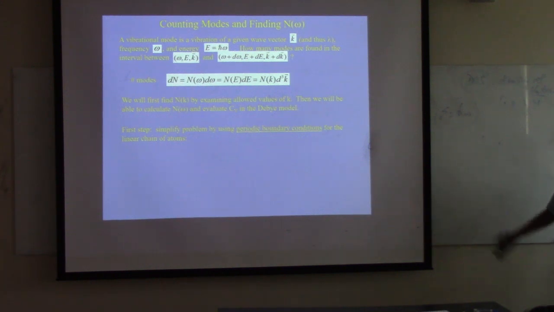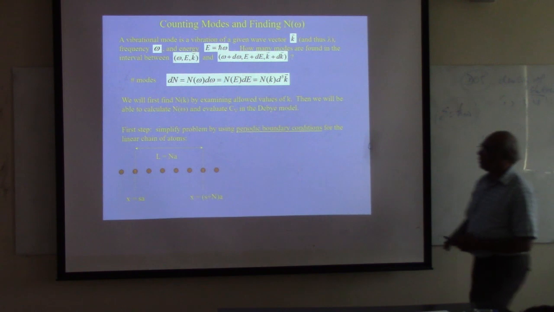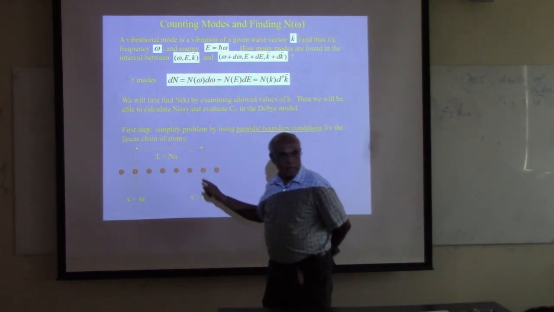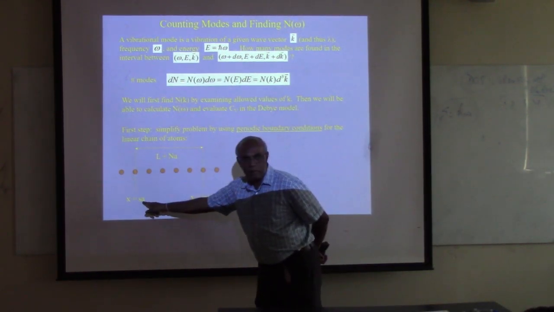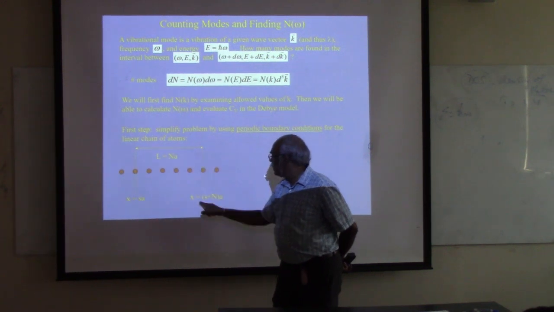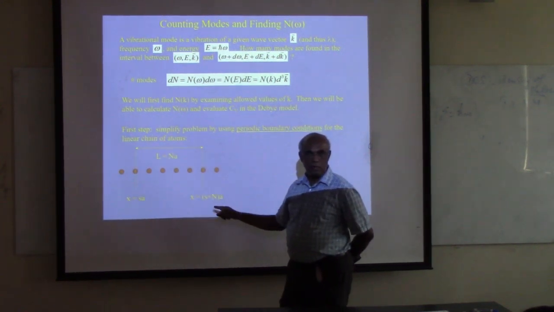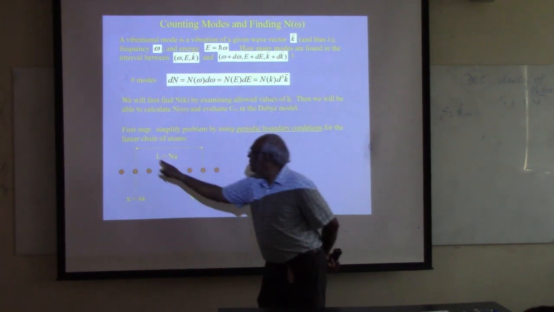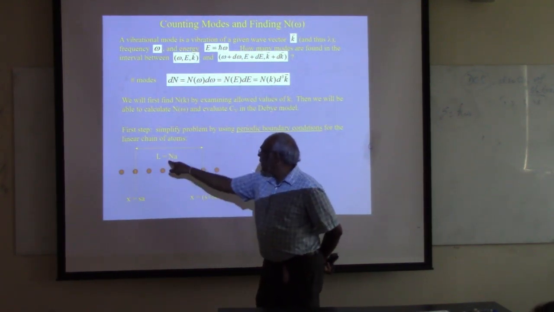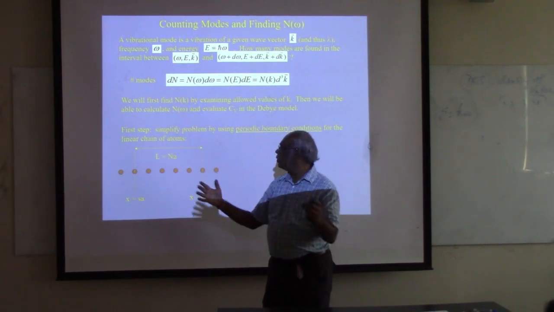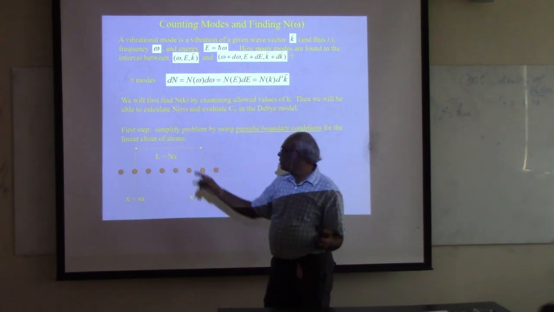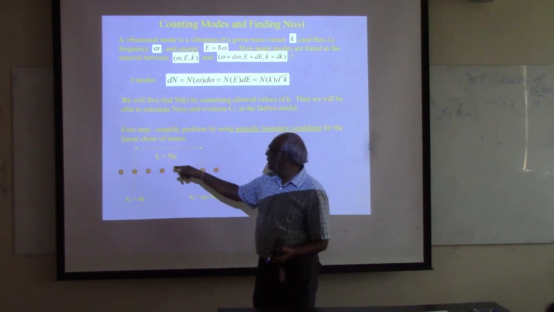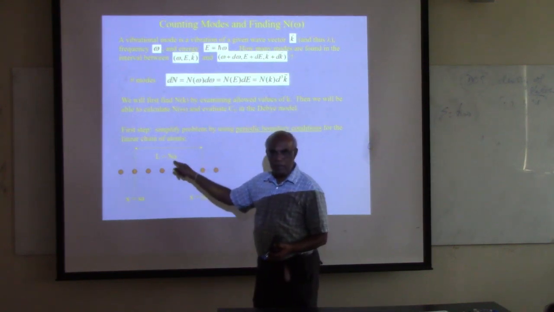Suppose I have a linear chain of atoms like this. Suppose this is the S atom, and after N atoms you have the S plus Nth atom. If the separation between each one is a, the lattice constant, then the total length of your crystal is L equals N times a.